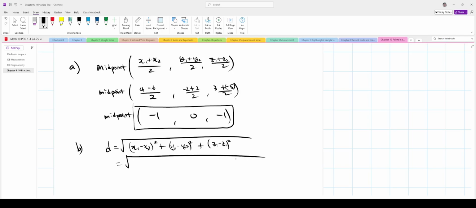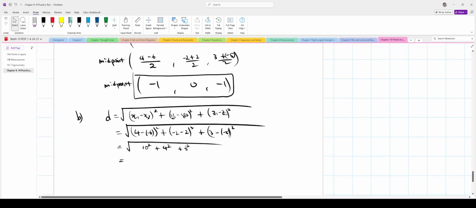So that's equal to 4 minus negative 6 squared plus negative 2 minus 2 squared plus 3 minus negative 5 squared, which is 10 squared plus 4 squared plus 8 squared. 100 plus 16 plus 64, that's 180.